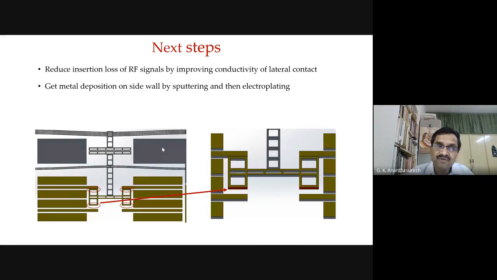Whereas here, what we have are these sidewall contact, right? This particular one comes in contact. So we will need to have sidewall coating. We have done that by sputtering in our nano fab here, but that's one of the reasons why it is not behaving as well as it should for the RF performance. Mechanically, it has no problem. It switches. Now we need to get the fabrication so that sidewall coverage can be properly done.